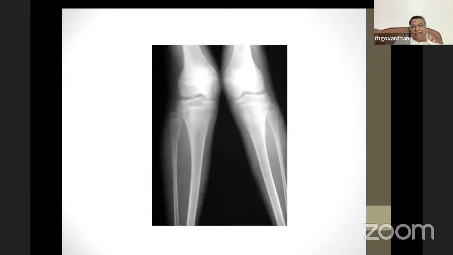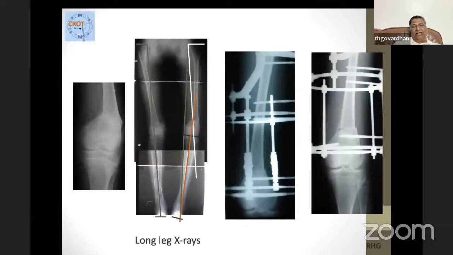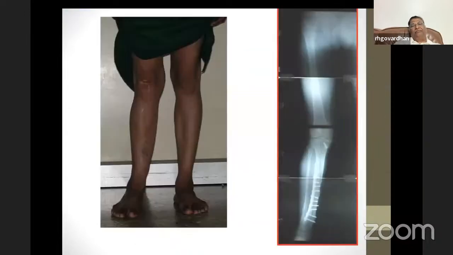Now come back to the original case which was shown to you, and that was the deformity. So the deformity was corrected because we have the hinge there, and the correction is by means of an angulation correction and translation, so that it has become a neutral angle.